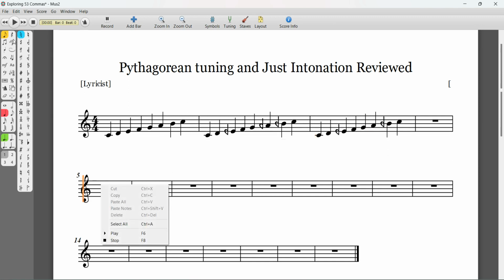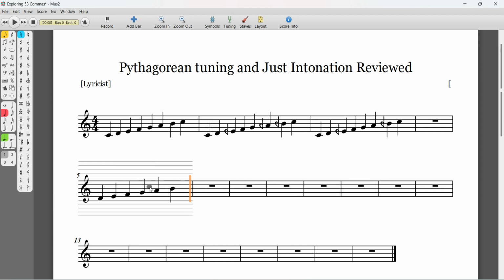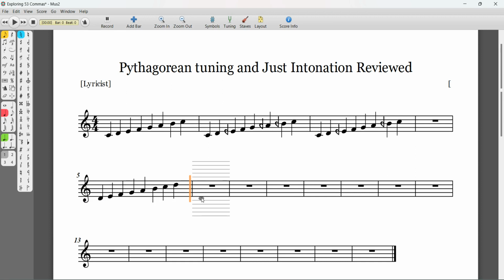Now we can get multiple minor scales too. This will be like some sort of a Pythagorean minor scale, but we can have a just minor scale.